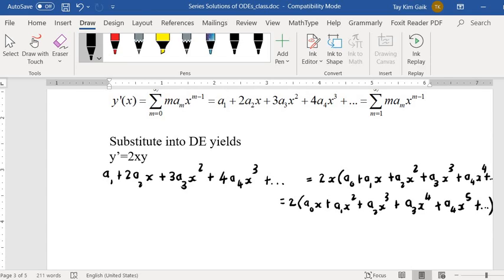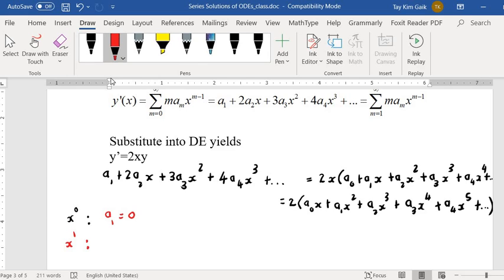In this case, I compare, let's say, the constant terms, which is x power 0. Left side you have a1. Right hand side starts from x power 1, so that means a1 is equal to 0. And you can compare x power 1.